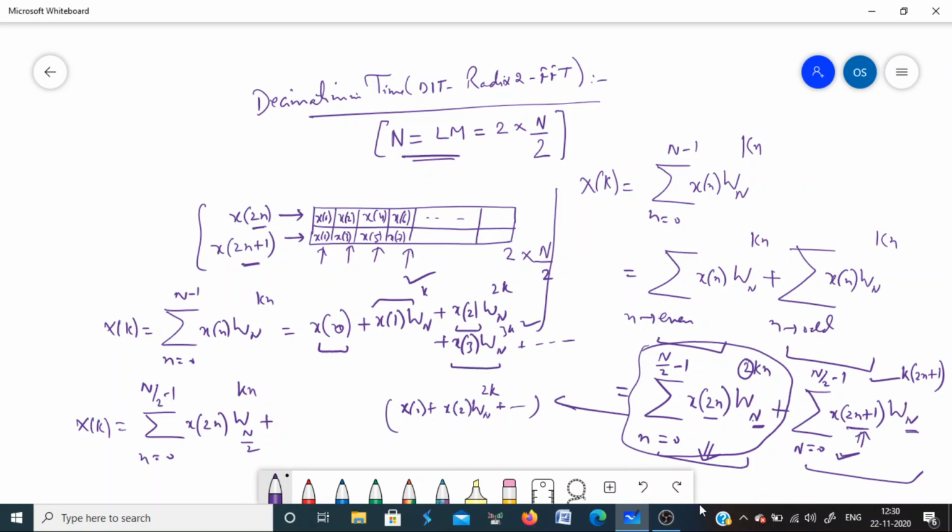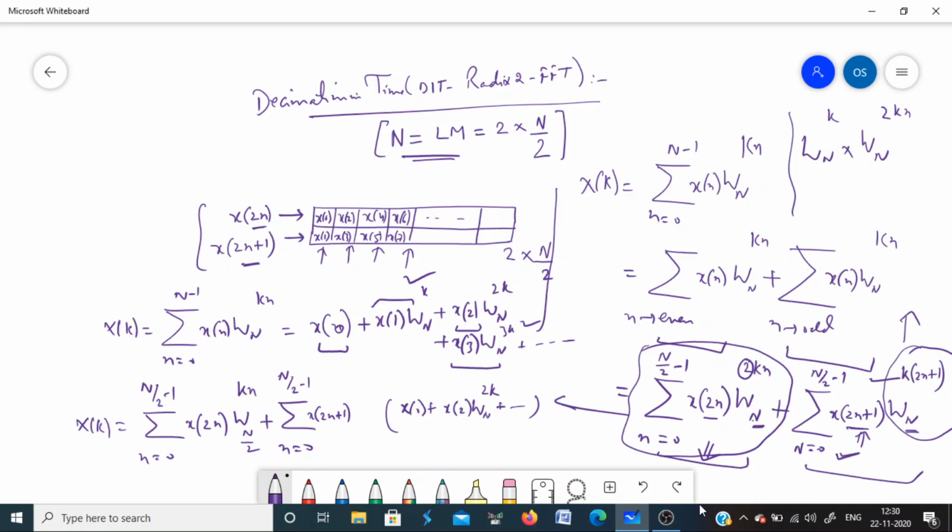This we have discussed in the last class how we can do it. And then we have n is equal to 0 to N/2 minus 1 x of 2n plus 1. Now in this factor you will get two terms. If you expand it, it will become W_N to the power k into W_N to the power 2kn.